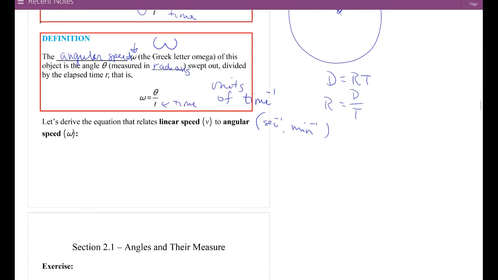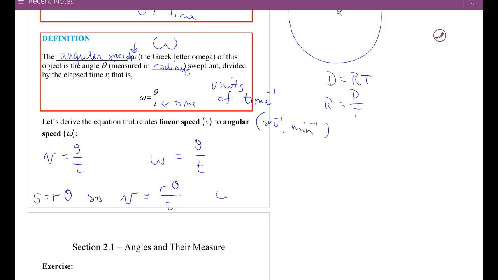So let's see if we can derive the equation that relates linear speed and angular speed. So we have linear speed is s over t, and angular speed is theta over t. Let's see, we learned an equation earlier that said s equals r theta, where s is the arc length. So v must equal r theta over t.